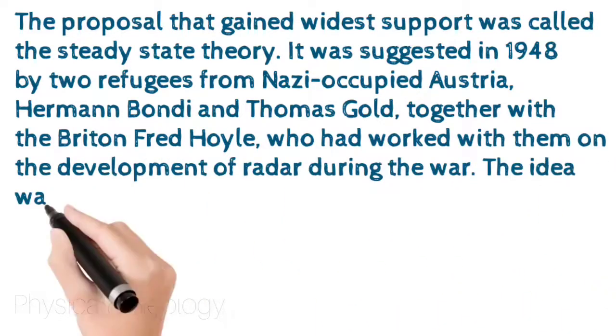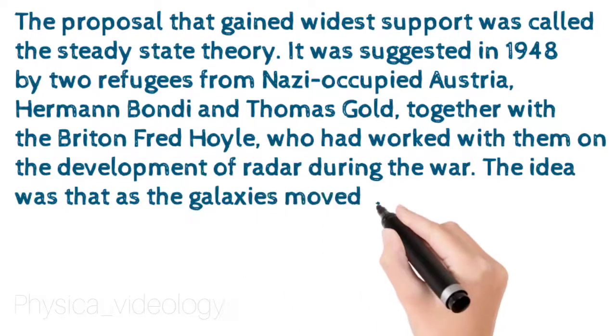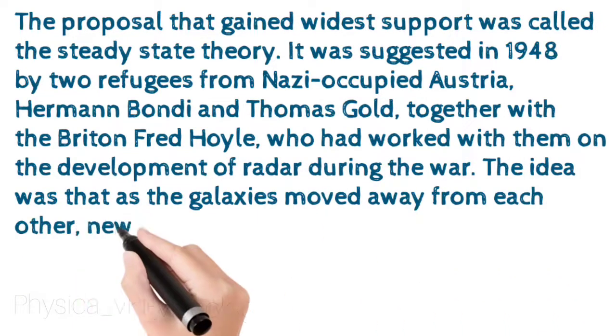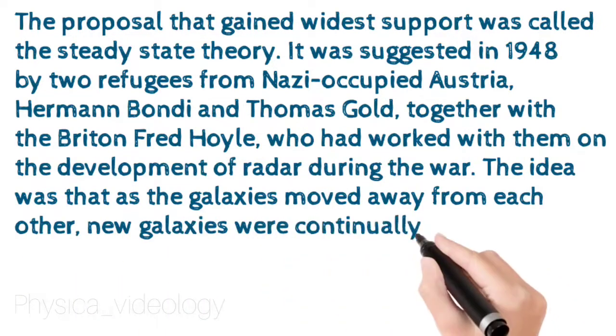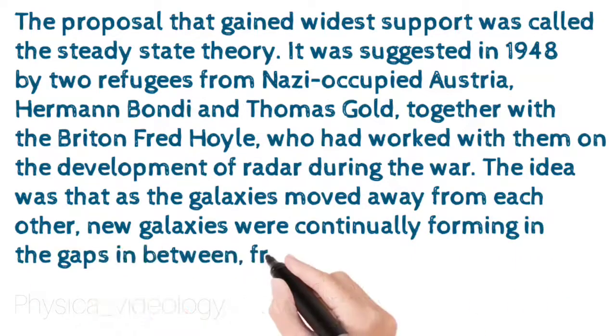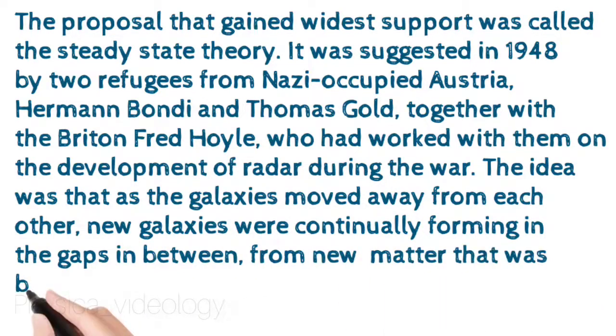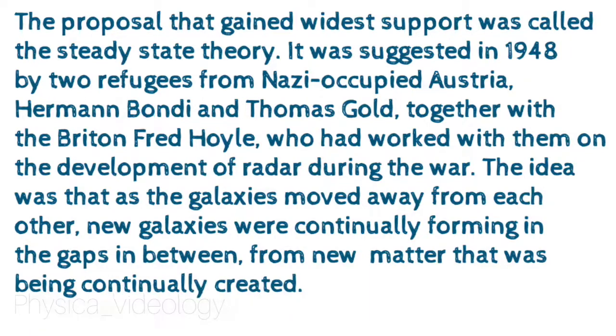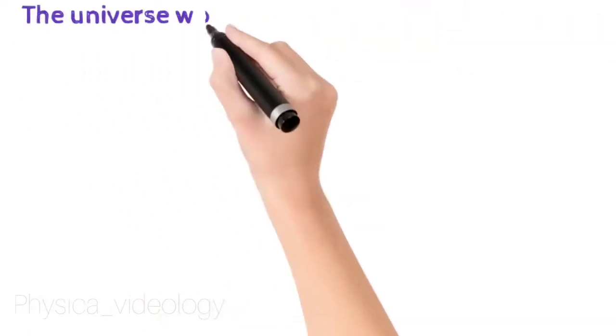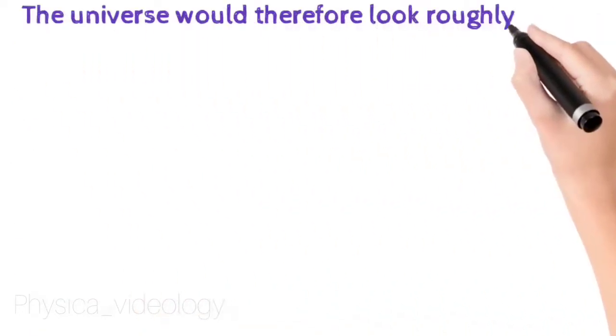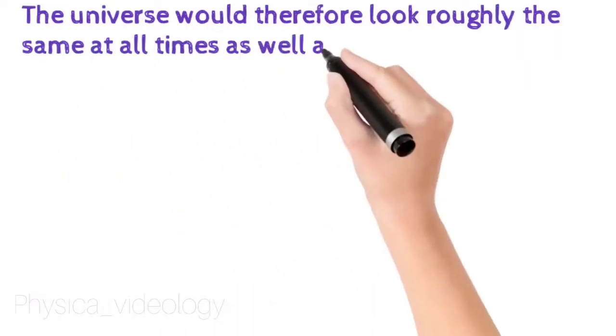The idea was that as the galaxies moved away from each other, new galaxies were continually forming in the gaps in between, from new matter that was being continually created. The universe would therefore look roughly the same at all times as well as at all points of space.